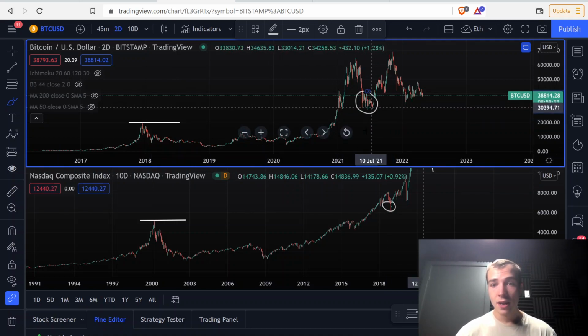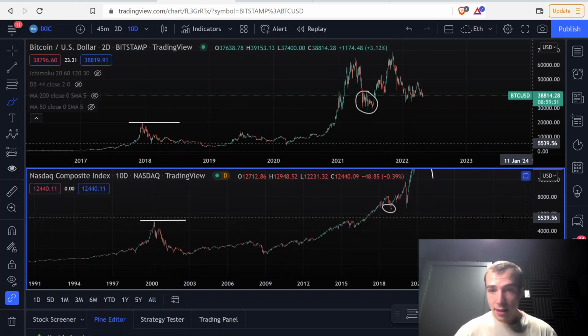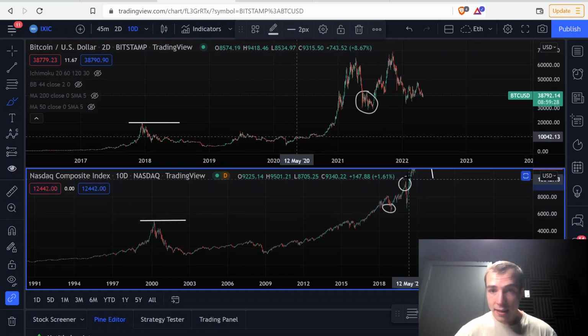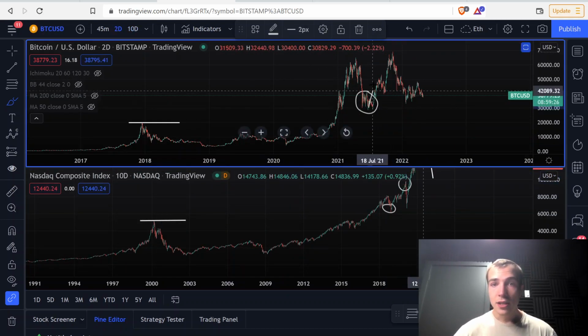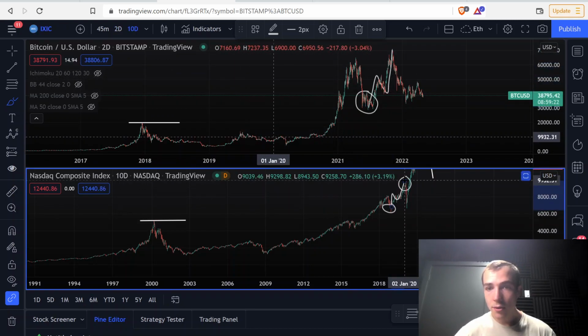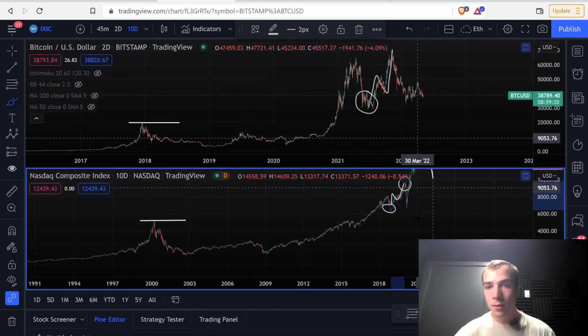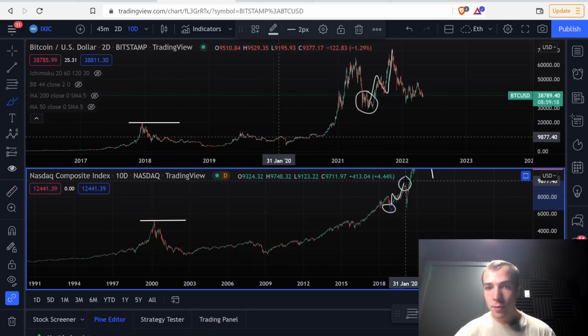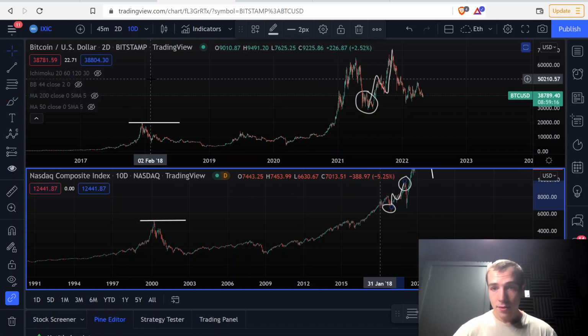Stays up above. Then what happens on the NASDAQ? The market rallies up above again. It actually does this kind of zigzag shape up like this, like it did on Bitcoin. Boom, boom, boom, boom. And then it dropped again.